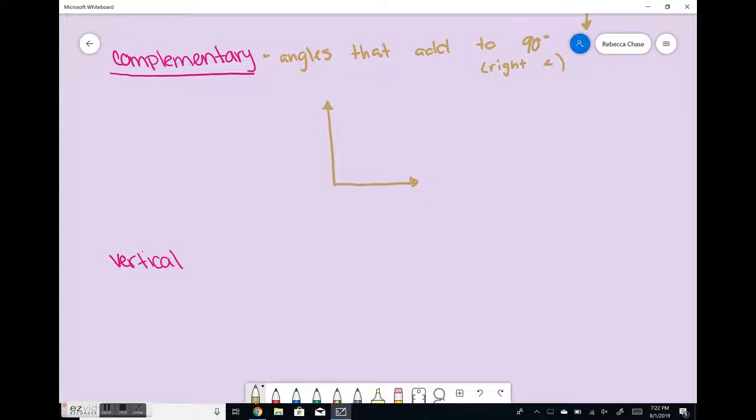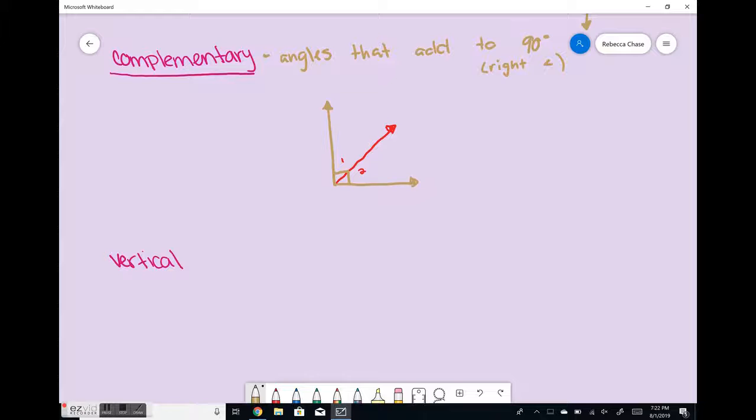So if I have this and say it's split like this, we'll say that's 1 and 2, and we'll say that this was also marked. We have to make sure that it's marked. Unless I tell you otherwise, we can't just assume that because it looks like a right angle, it must be a right angle.